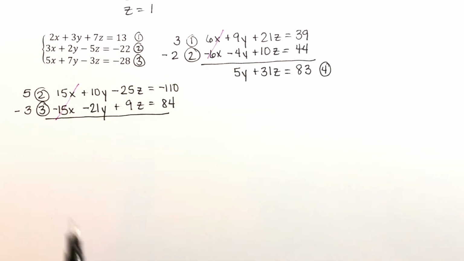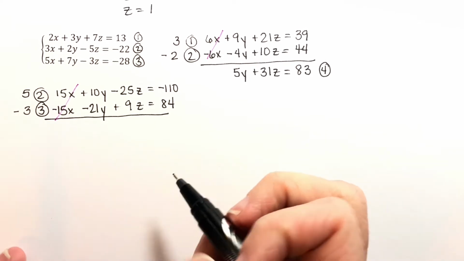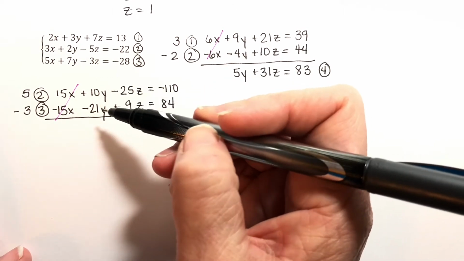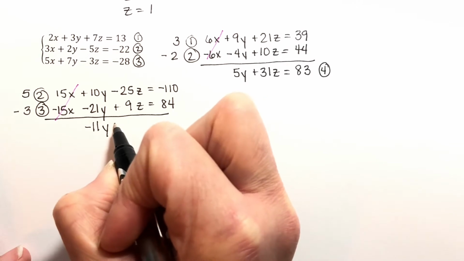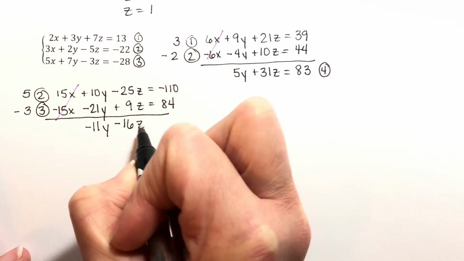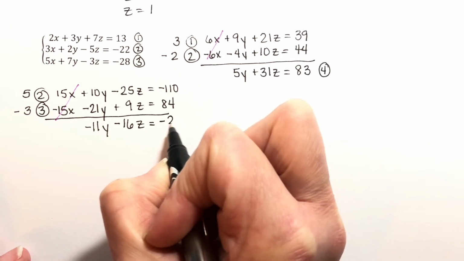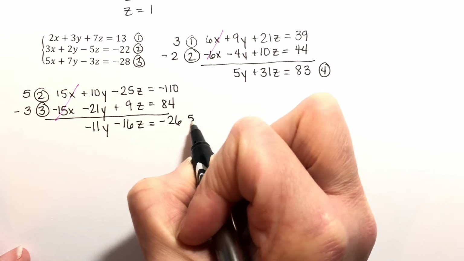Our x's go away again, and now combine like terms. And we have 10y minus 21y, which will be negative 11y. This is minus 16z is equal to negative 26. And I'm going to call this equation number 5.